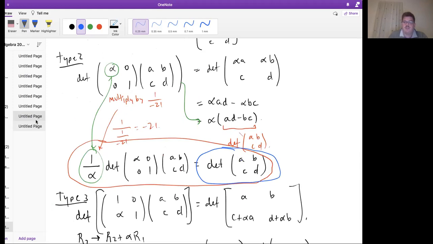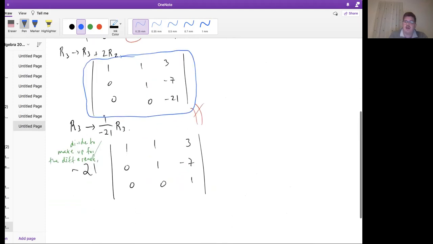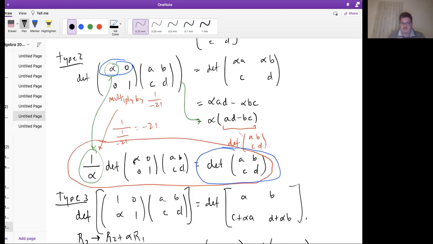So if I multiply a row by alpha, then the new matrix will be off by a factor of alpha, right? So if I multiply by 1 over negative 21, does that make sense? See how the math works?